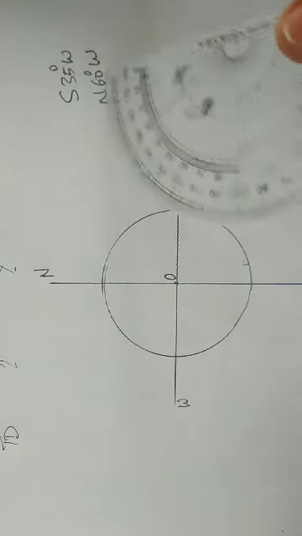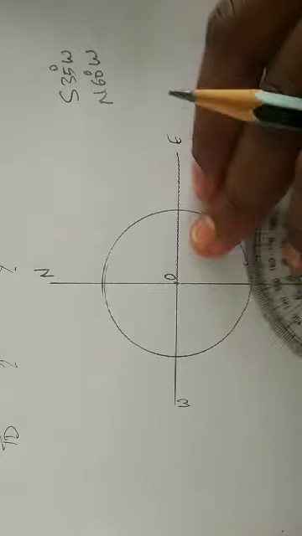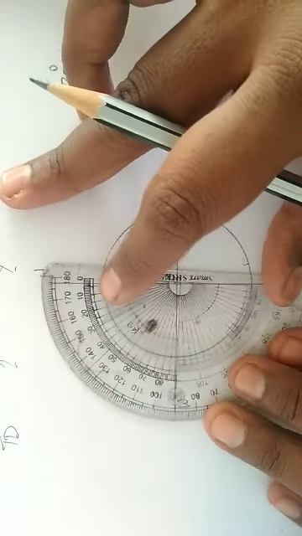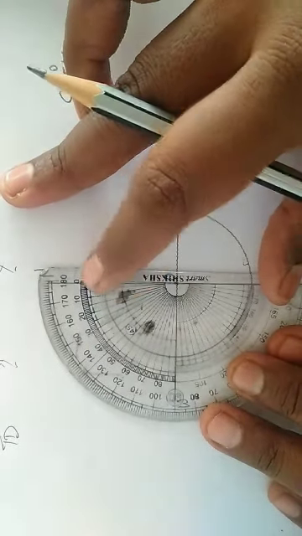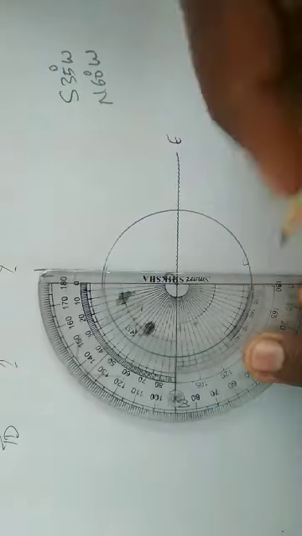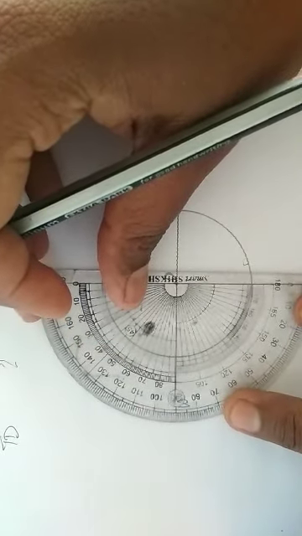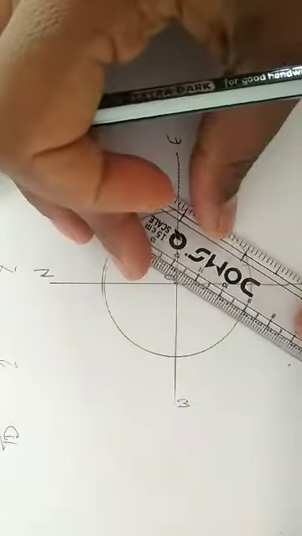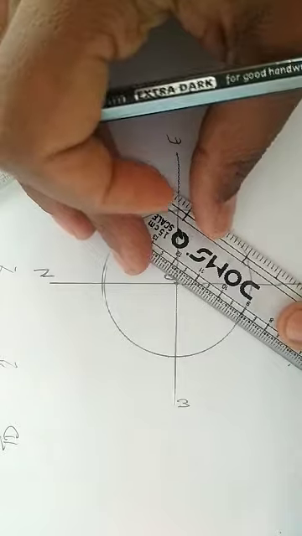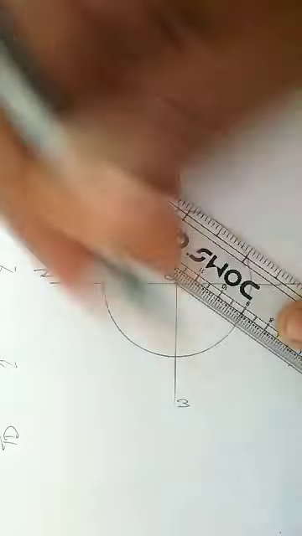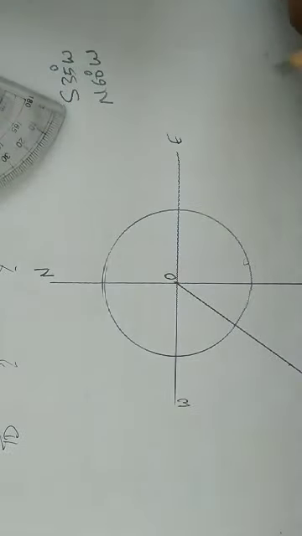Now first we will go with the south 35 degree west. Place the protractor on the north-south line and measure south 35 degree west. Then join this line from O. Draw a line from O to this point.